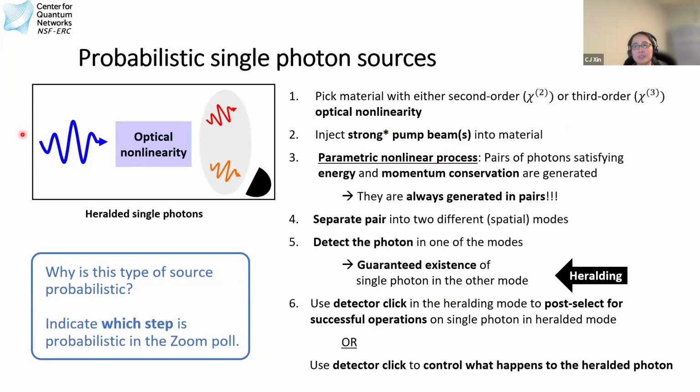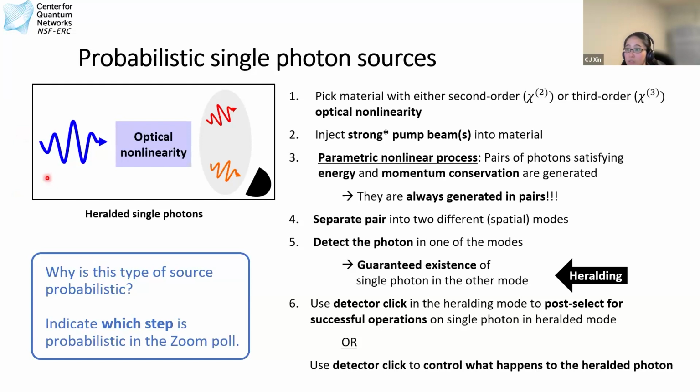You can just put them into a regular 50-50 beam splitter, and then they'll only separate half the time. But that's not one of the assumptions I was making here, so I can see why that might be one of the answers.